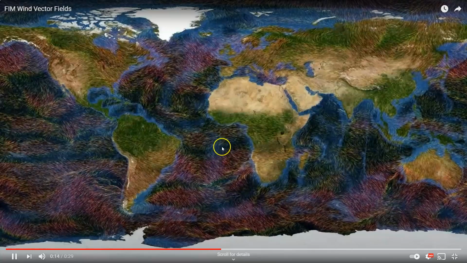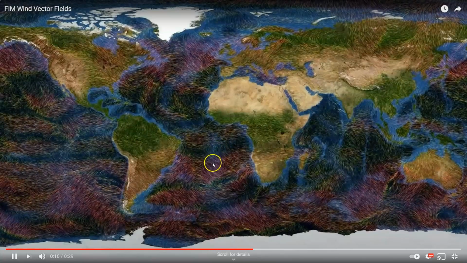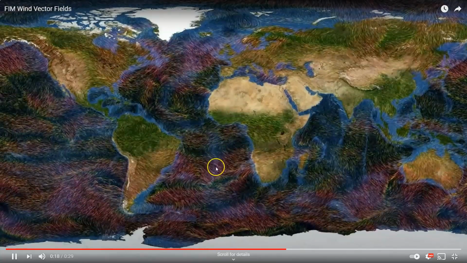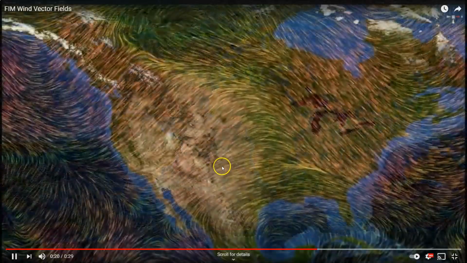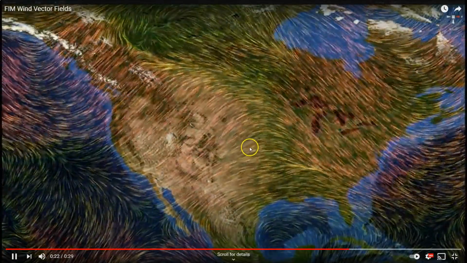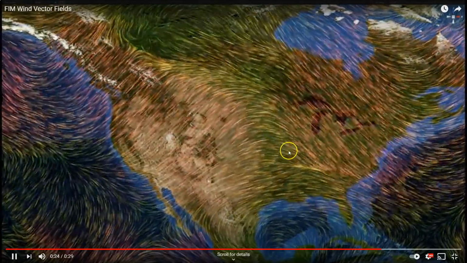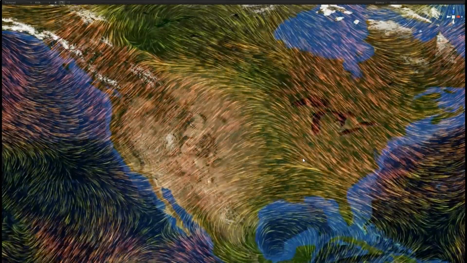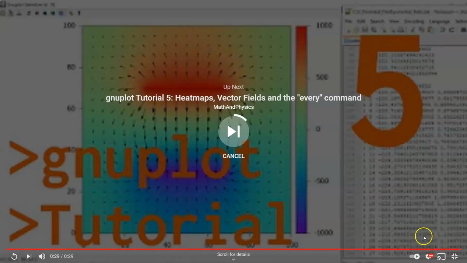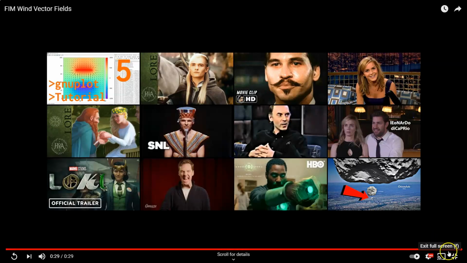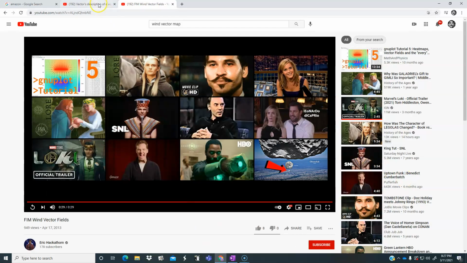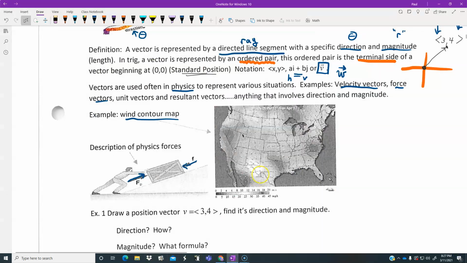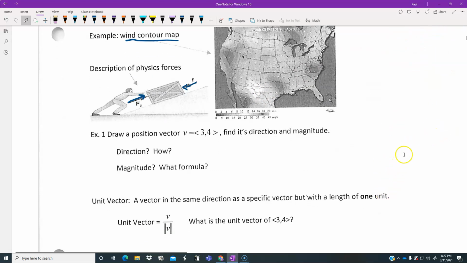Each one of those little tiny lines that you're seeing represents a specific magnitude. Check them out. They represent a specific magnitude and a specific direction. These kinds of ideas can represent things like airflow, how water actually flows, many kinds of forces that you would see in nature can be reflected over a vector notation.